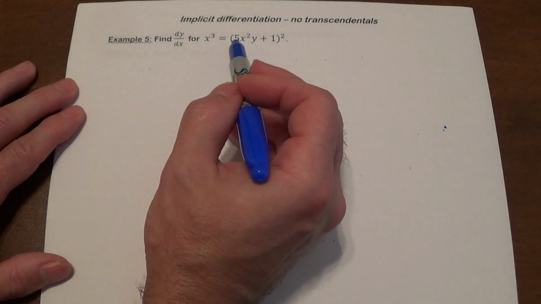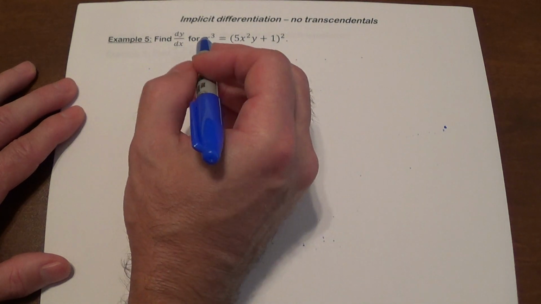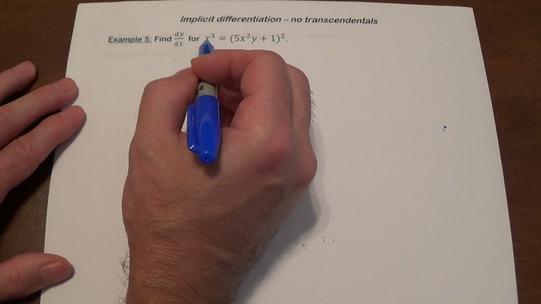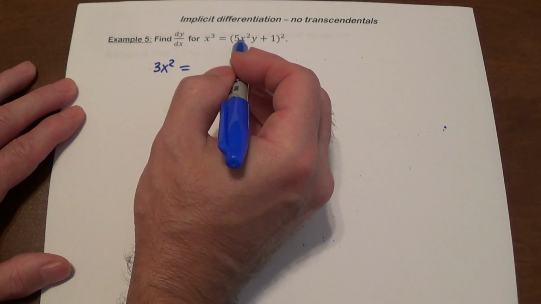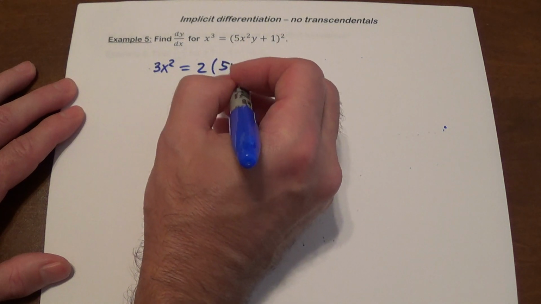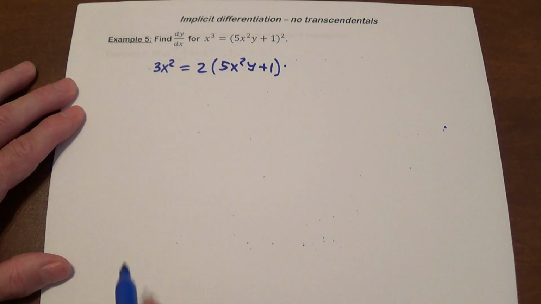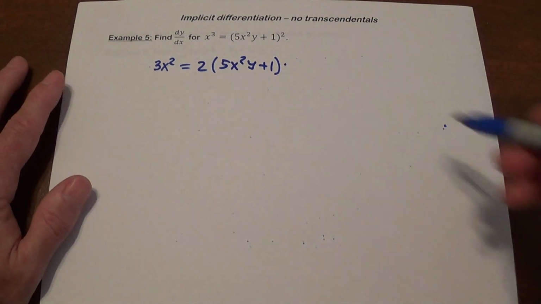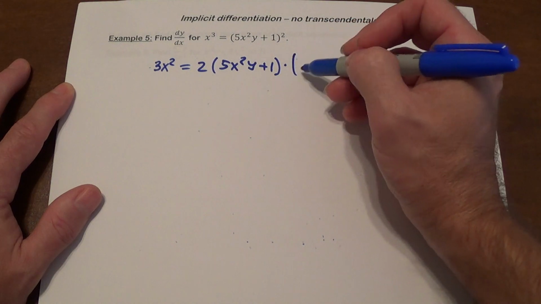We have here, which is going to require its own chain rule. Let's start here. So the derivative of x cubed is 3x squared. So here we differentiate the quadratic function first. That means we're going to have 2 times 5x squared y plus 1 times, and now we're following chain rule, so we have to differentiate 5x squared y plus 1. So what are we going to get here?